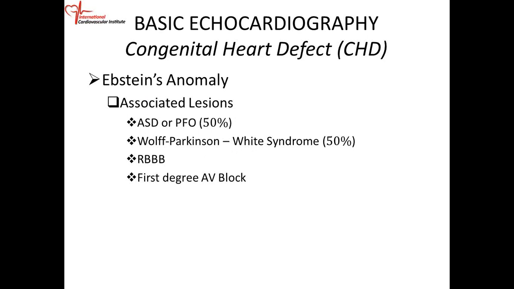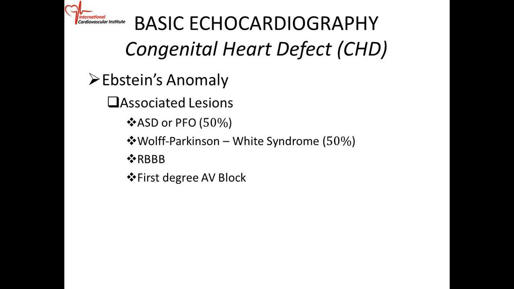If you remember the conduction system, it is an orderly system, but when you have Wolff-Parkinson-White syndrome, there's an abnormal tract connecting the atrium and the ventricle, which bypasses the AV node. These patients can have very rapid heart rates, and sometimes they can develop sudden cardiac death because of this.